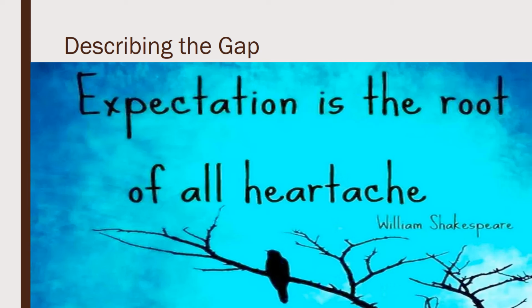And doing this consists of four parts. You have to make it safe to talk about this, so it takes a little bit of skill. But the first thing you need to do is start with the facts about what was agreed to or expected.